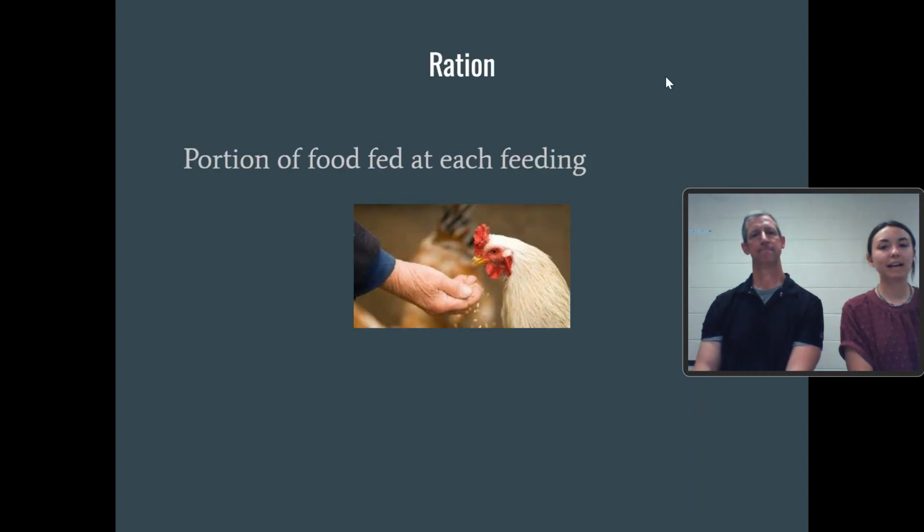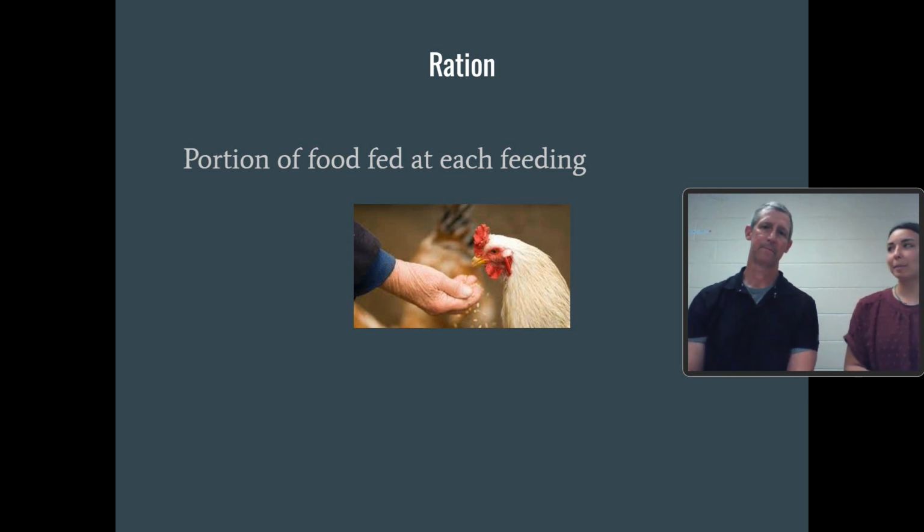Right off a diet is rations. That's the portion of feed you feed at each feeding. Correct me if I'm wrong, but it's 1 to 2% or 2 to 3% of your body weight for the animals. That's just a rough estimate, but this is per feeding how much they're getting fed. If you have a 100-pound pig, you're probably going to feed them about 3 pounds in a ration.